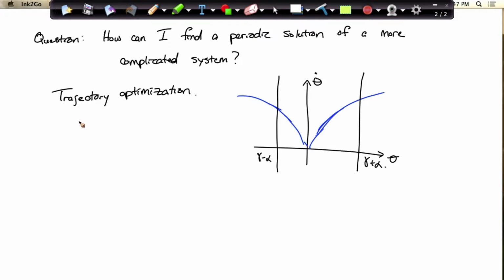We have our equations of motion, which we know were just ml squared theta double dot equals minus mgl sine theta, because we flipped it upside down. Okay, so we have our equations of motion. We have our discrete reset map, which we figured out turned out to be simple just by conservation of angular momentum. It turned out that the velocity just after an impact, which I was writing as theta dot plus, just turned out to be a simple function of the velocity pre-impact.